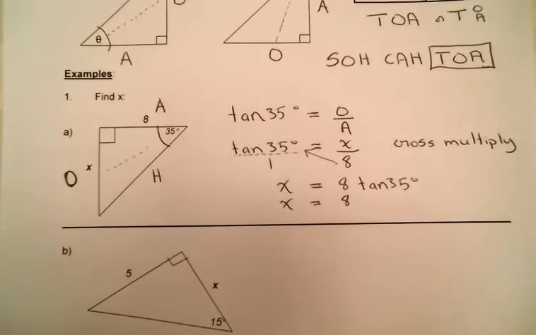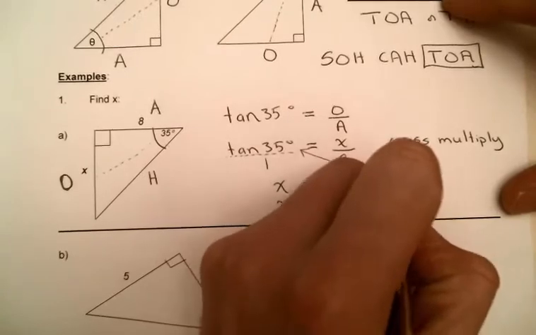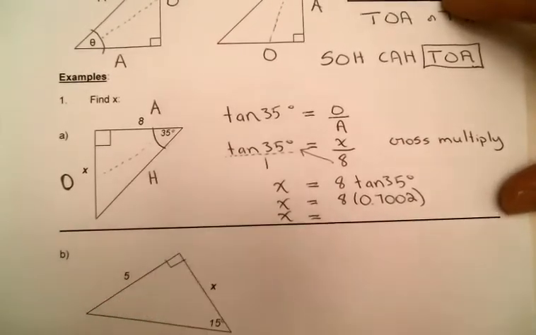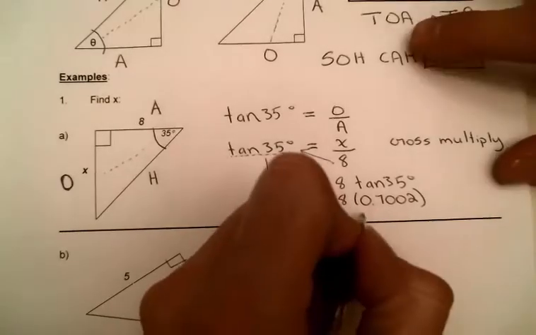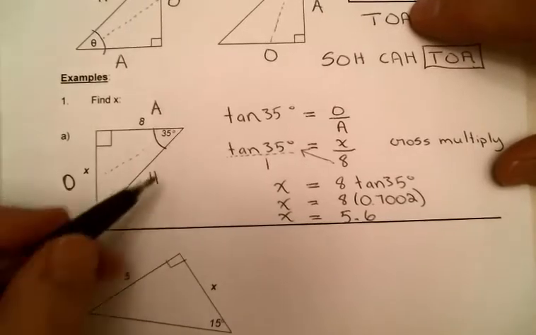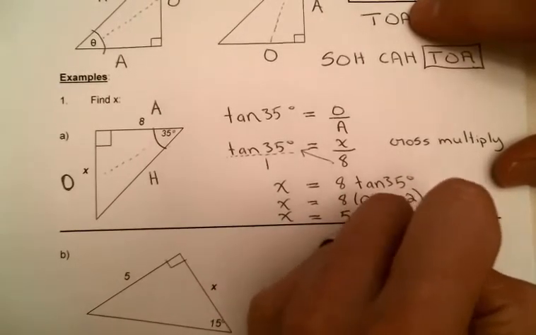Tan of 35 is 0.7002. Then work out what x would be if 8 multiplies 0.7002, and you get 5.6. I don't see any units, so I'll just say 5.6 units.